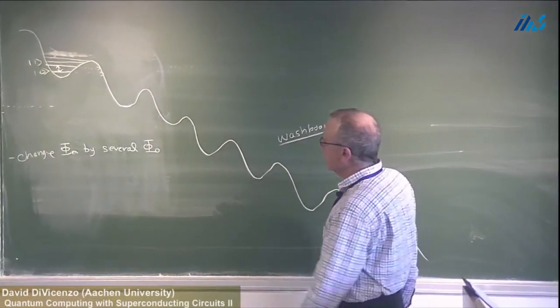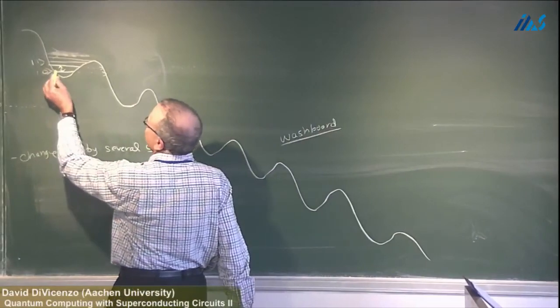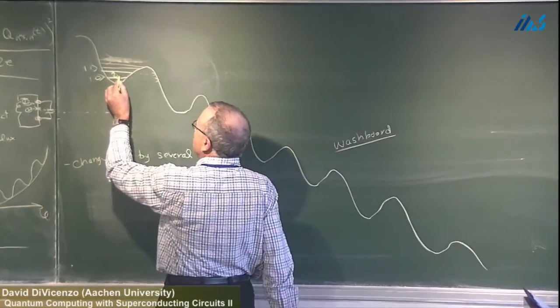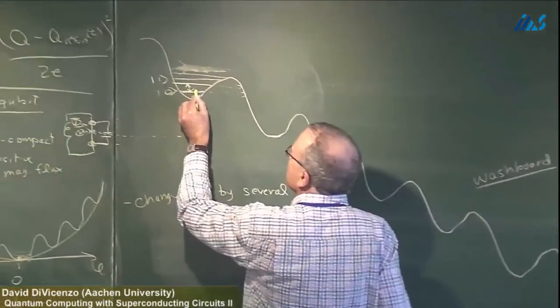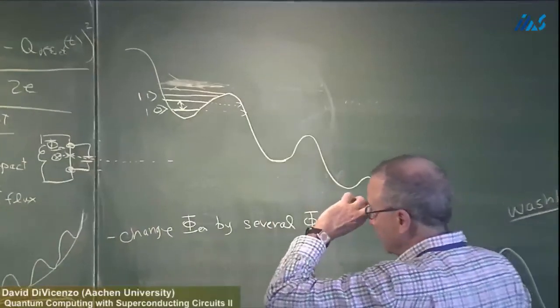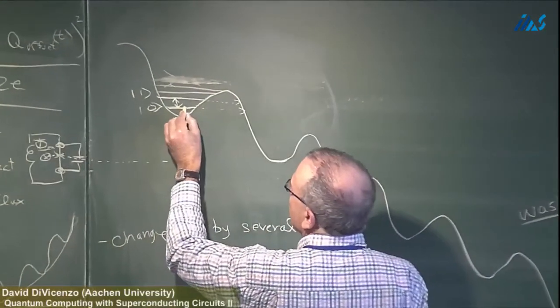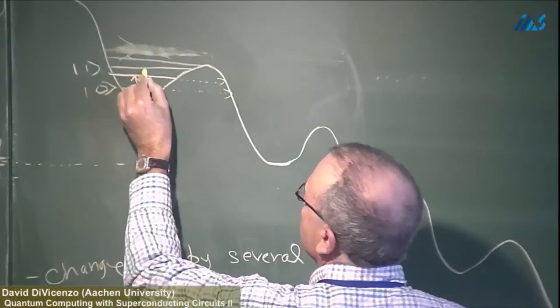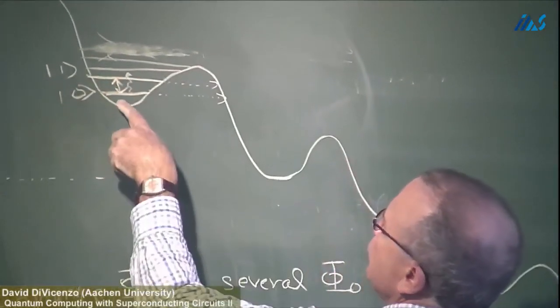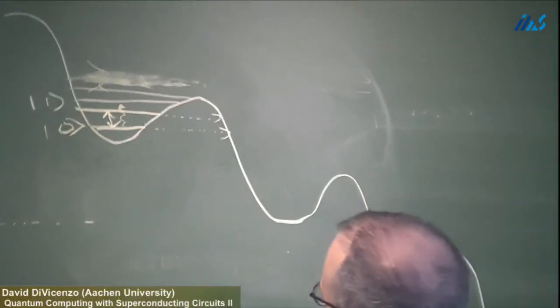But now the idea of measurement was the following: when this qubit is to be measured, you shine some radiation onto it, about of this frequency, so that for 0 there's nothing in resonance.